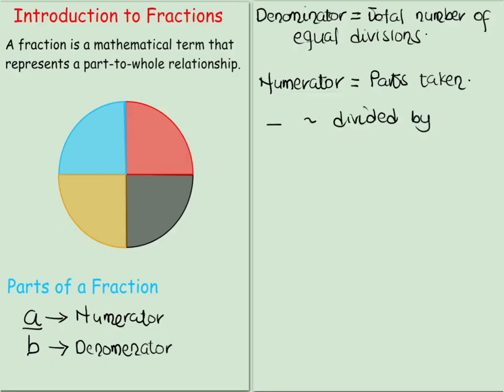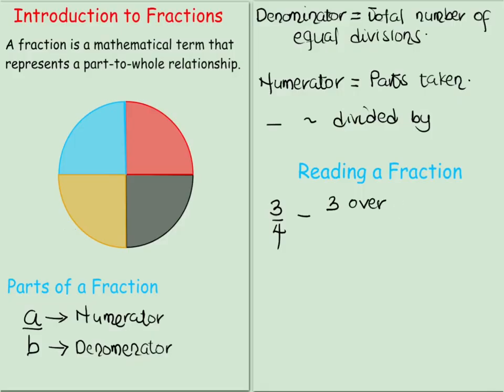So how then do we read fractions? If you have a fraction such as this here, how are you going to read it? We know our numerator is 3 and our denominator is 4. So to read this, you say it is 3 over 4.